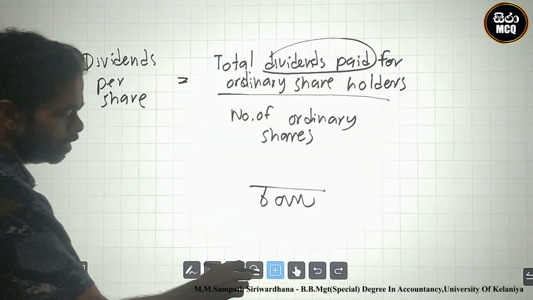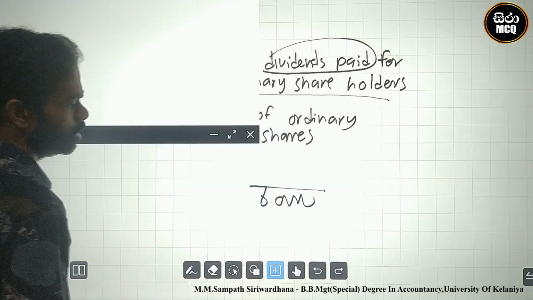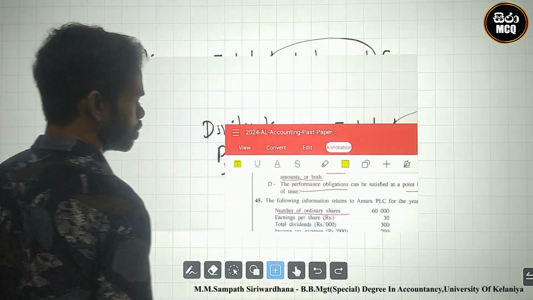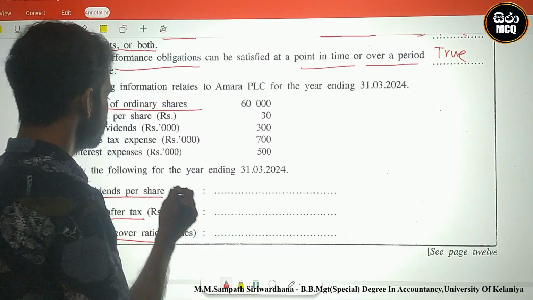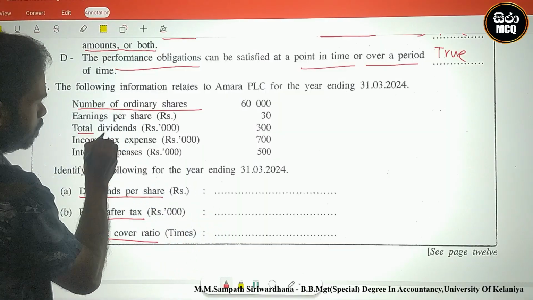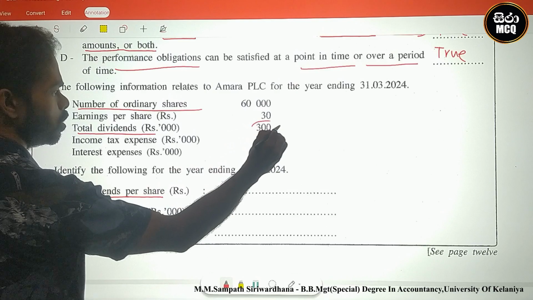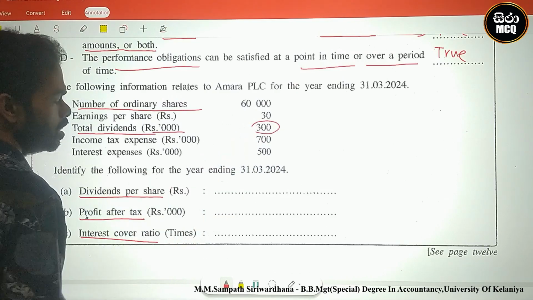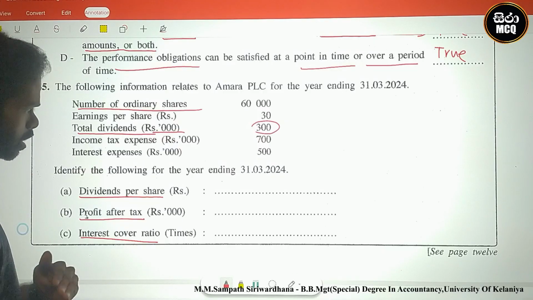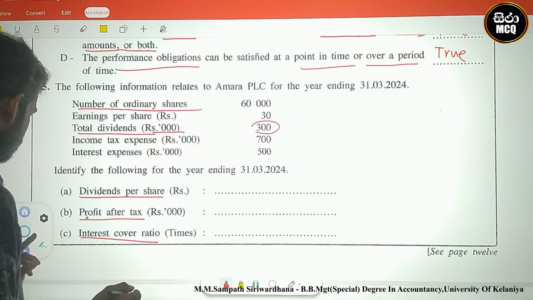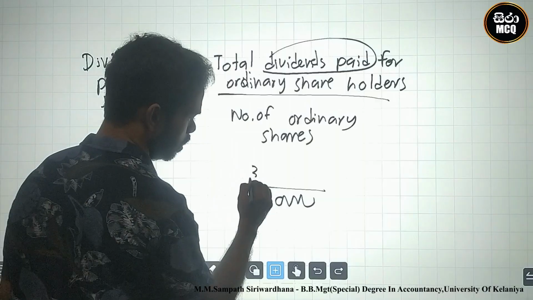You must identify the total dividends paid. Earnings per share is a ratio. Next, total dividends are 300,000, along with income tax expense and interest expense. 300,000 is the total dividends.